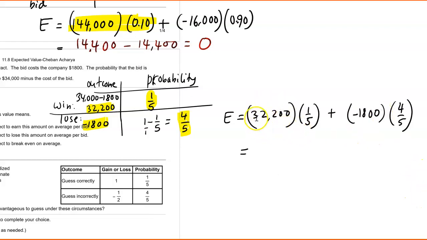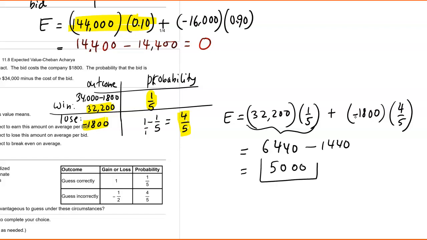If you multiply 32,200 by 1/5, you get 6,440. And 1,800 times 4/5 gives you 1,440, but you have a negative for this. Plus minus gives you negative here, and if you subtract, you get 5,000. Okay, that's the expected value, $5,000.